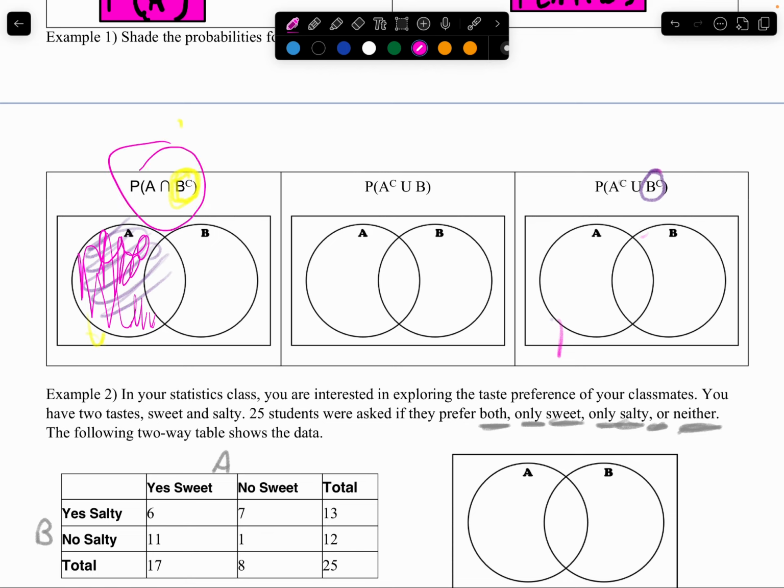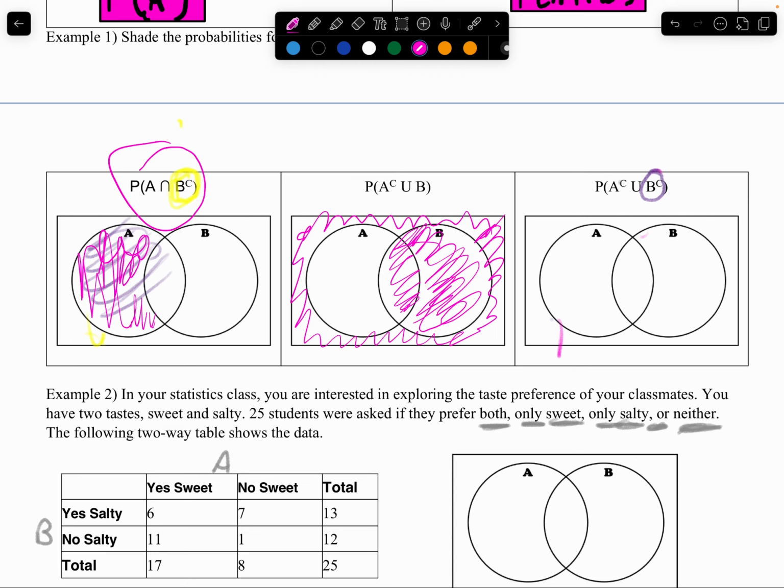And how about not A or B? Not A is outside of the A, or the B circle. So we need to shade all of the B circle now. Part of it's already shaded here.